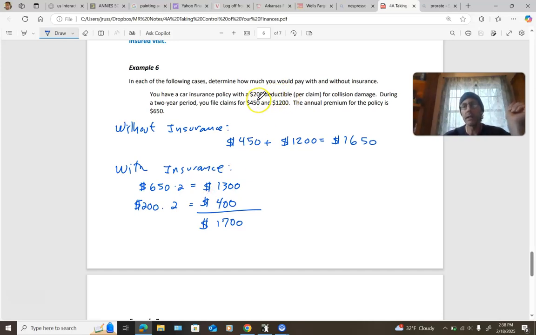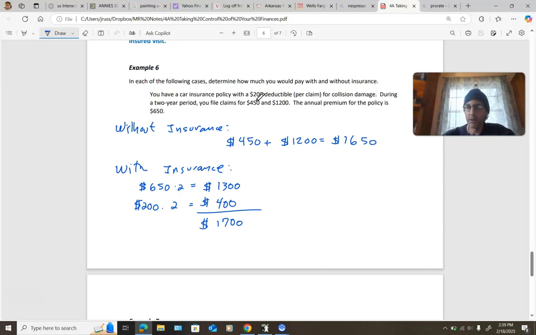Well, for one thing, the narrative that this tells is not great simply because these 2 claims are rather small. Okay, body work or collision work is typically quite expensive, and lots of times, guys, when you're involved in an automobile accident, the expense is not just going to be $450.